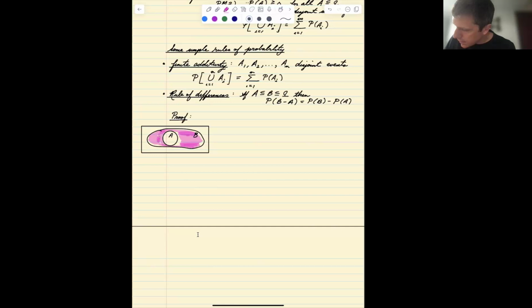How am I going to express this as a function of just the probabilities of A and B?